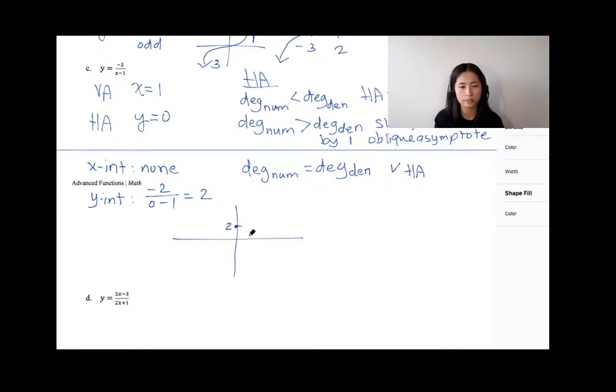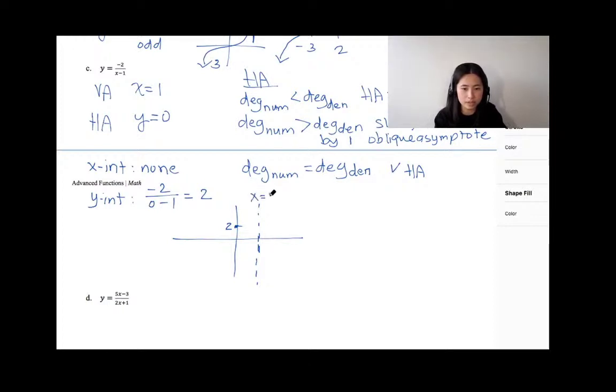So this is 2. The vertical asymptote is x is equal to 1. Okay, that's supposed to hit 1. You get what I mean. There we go. This is 1, and then you're going to see that y is equal to 0.